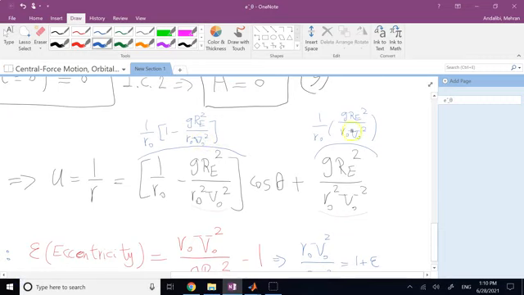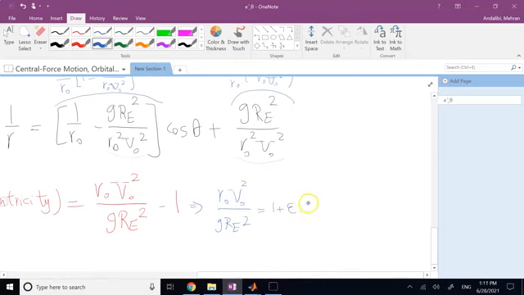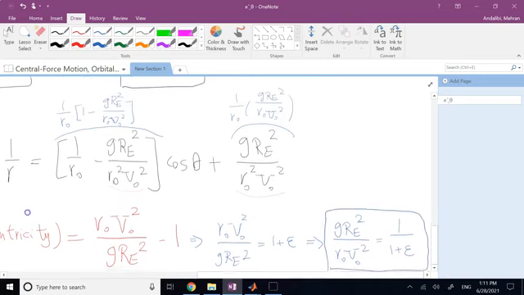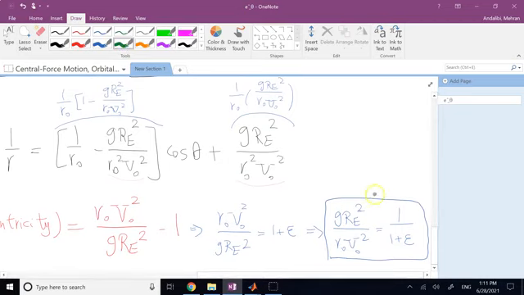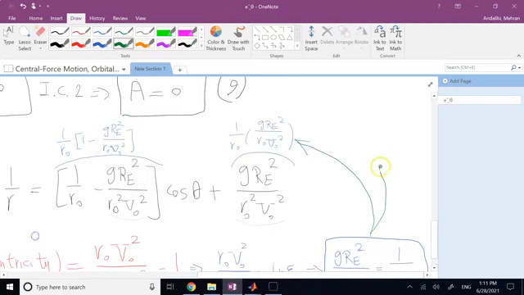And since in this top equation I have the reciprocal of that, what I have in these top equations, this term, is going to be 1 over 1 plus epsilon. Okay, so now this guy here is going to go in the top equation. It goes here and it goes here.